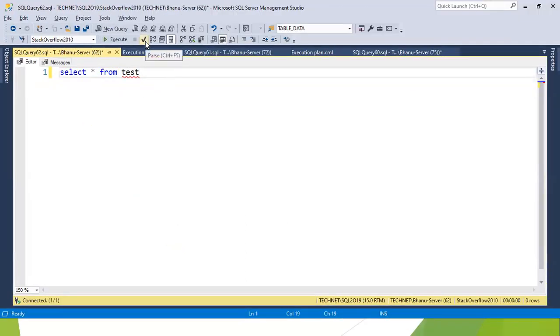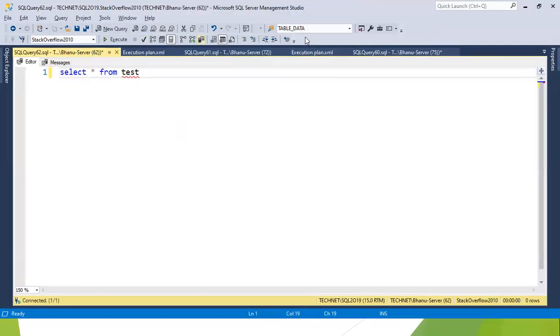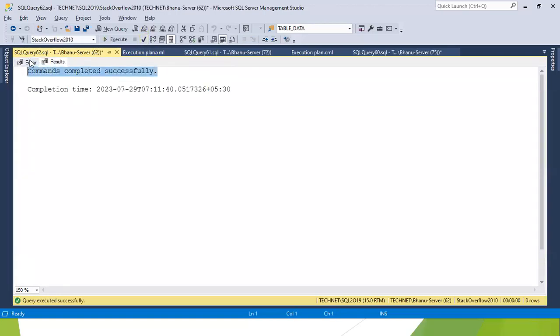Ctrl+F5 is the key for parsing the query. It will parse the query that you are executing. If I just parse this query, it says command completed successfully, right?